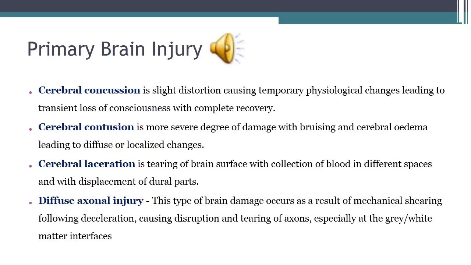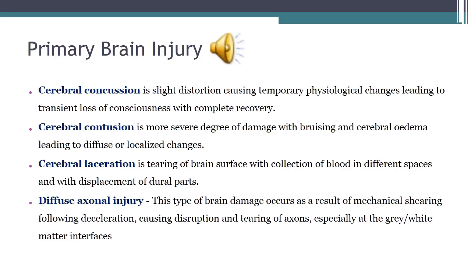Cerebral concussion is defined as a slight distortion causing temporary physiological changes that lead to transient loss of consciousness, but with resultant complete recovery. Cerebral contusion is a more severe degree of damage with bruising and cerebral edema, leading to diffuse or localized changes.